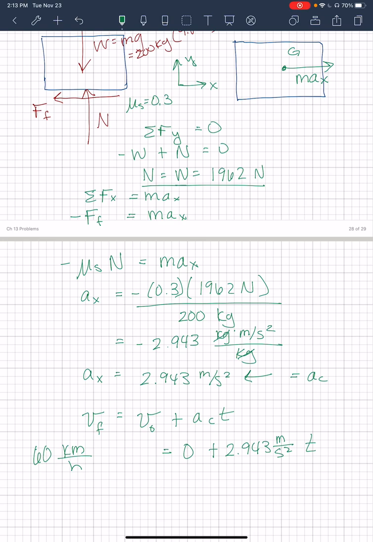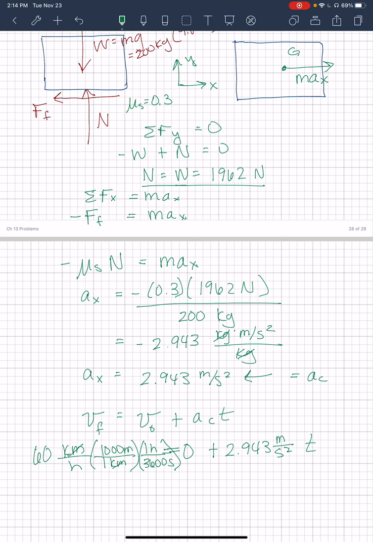So we have a little bit of a problem. We have meters per second and kilometers an hour. So we'll just change this into meters. 1 kilometer is 1,000 meters, so that'll cancel out the kilometer. And for hours, 1 hour is 3,600 seconds, 60 minutes and 60 seconds in each minute.